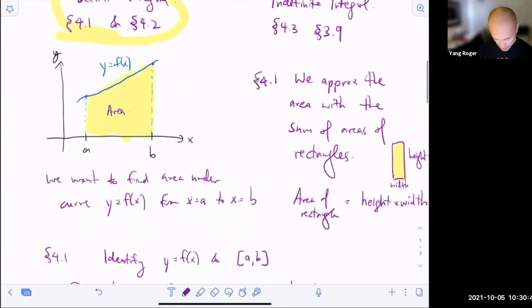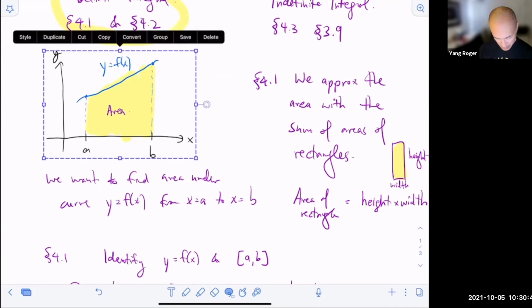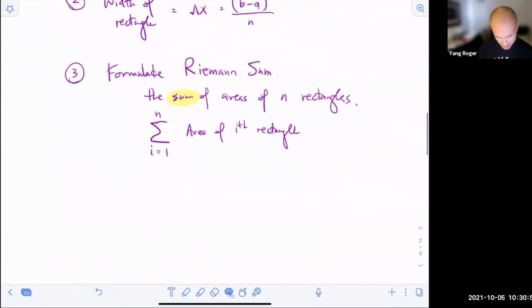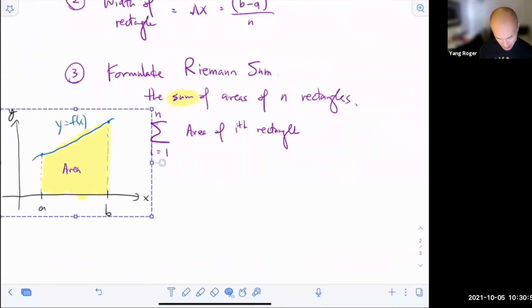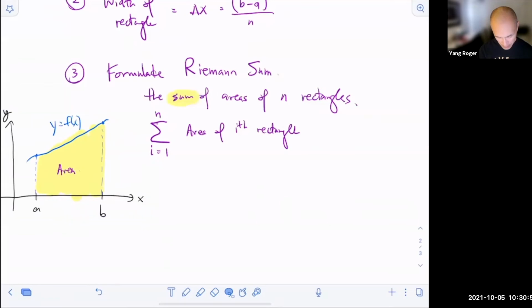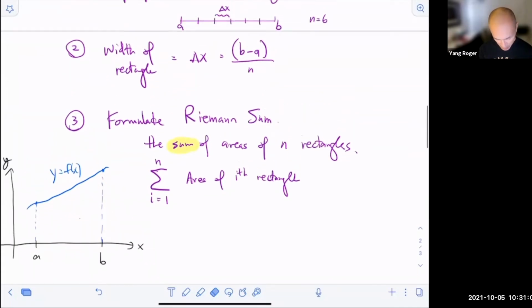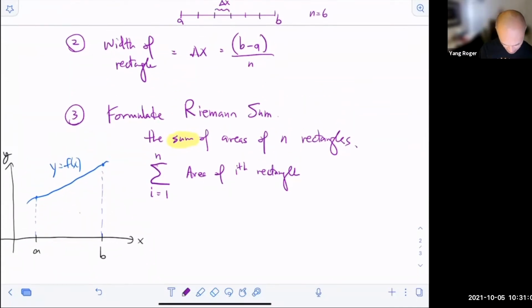So let me actually take this picture and bring it downstairs. Let's put it off to the side right here. Just so you can keep track of what's going on, we chopped it up into n equal pieces. We're calling the width of this piece right here delta x.